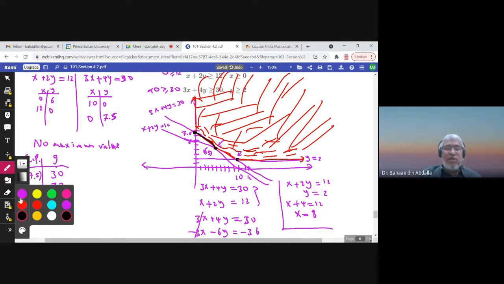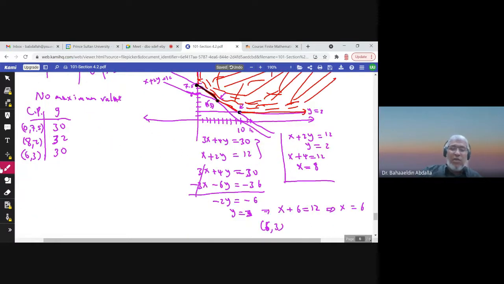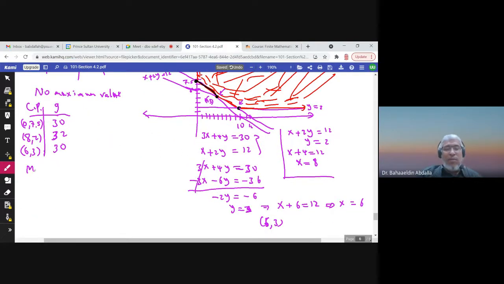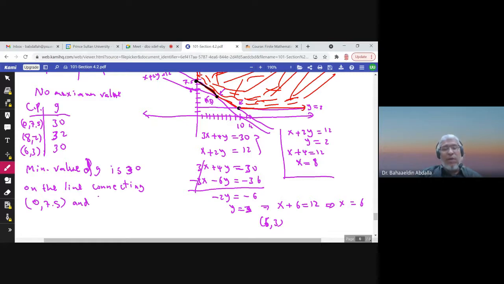minimize the function g. So the minimum value of g is 30 on the line connecting 0, 7.5 and 6, 3.